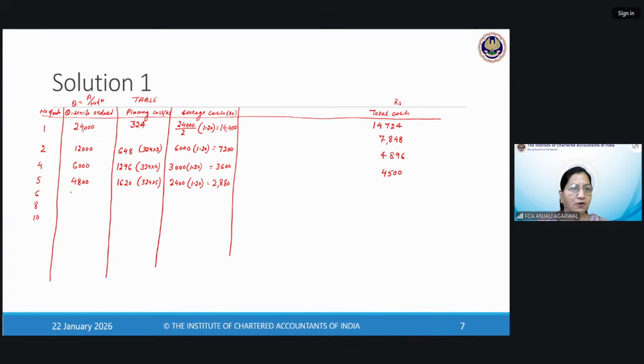If I place 6 orders, 4,000 units will be ordered. 324 into 6 is 1,944, and 2,000 units held on average.